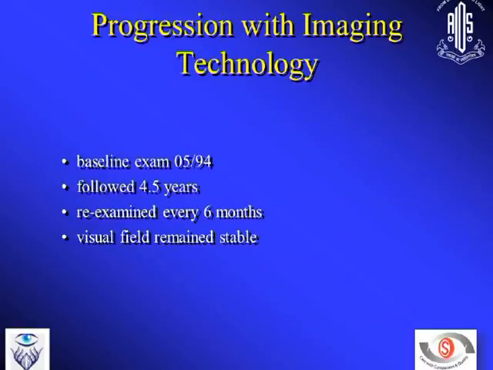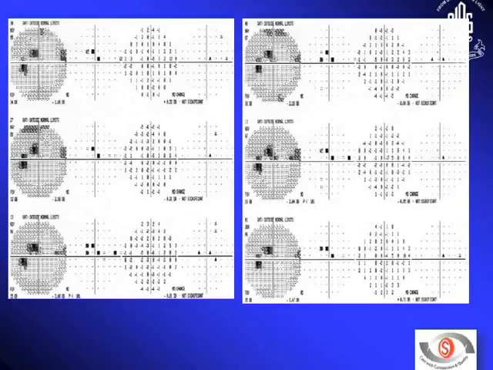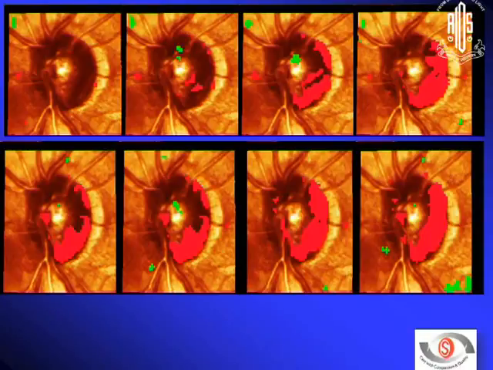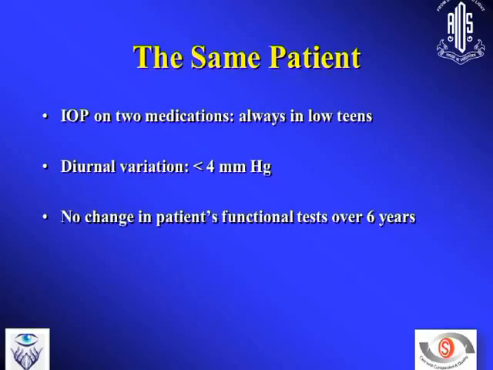On the other hand, if you rely only on imaging, then also there can be a problem, and I'll give one example. This patient had visual field and HRT for 6 years. Field remains stable. This is glaucoma change probability analysis, not the GPA. And HRT picked up progression at the third, 1.5 year. But the patient for 6 years had no visual field damage.